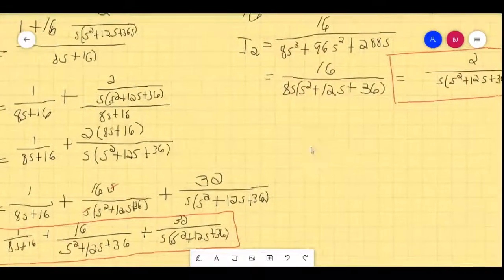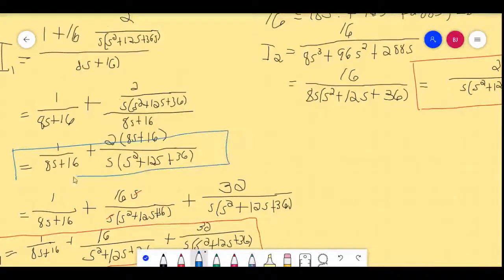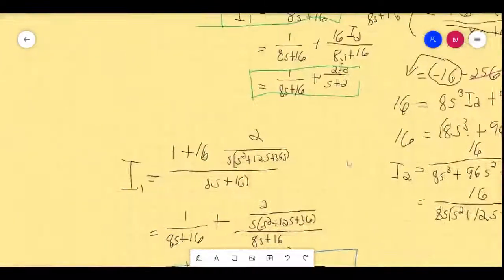So technically, well, we can use this instead. Technically, this is already our I2 as well. So what would happen is this: we subtract this with this, and they have the same denominator. So something would change here; it would become 30. This would still be 16. So more or less, well, you can put it here, and that would just be 30, and then multiplied by the inductance. Okay?